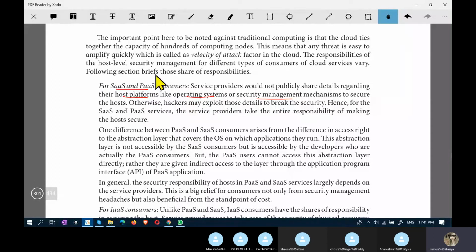So the provider will not reveal the physical details to PaaS users and the platform details to the SaaS users.